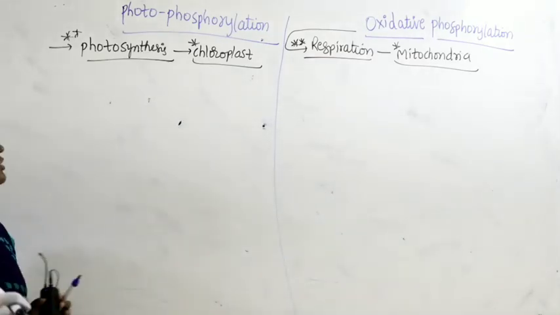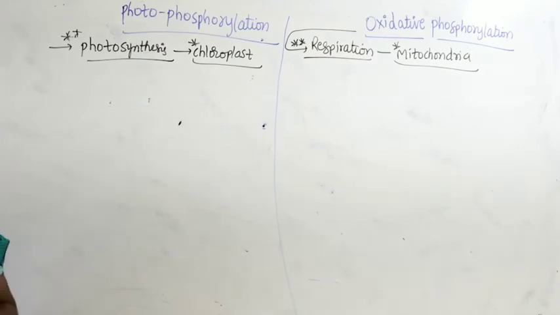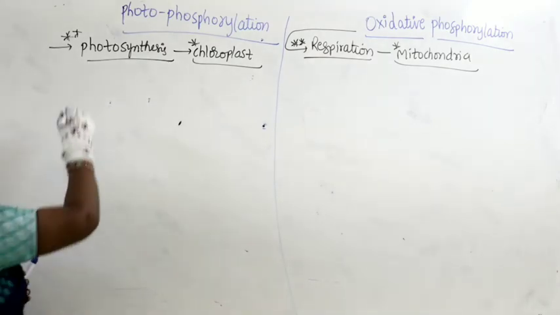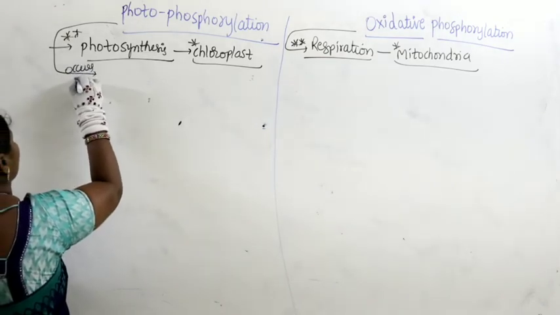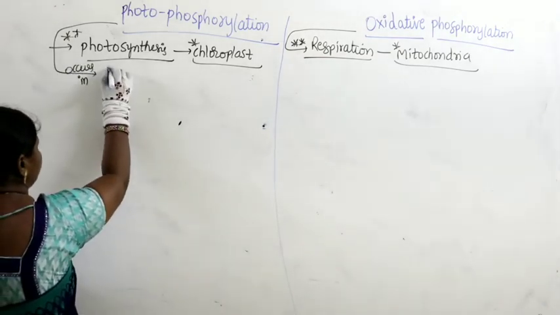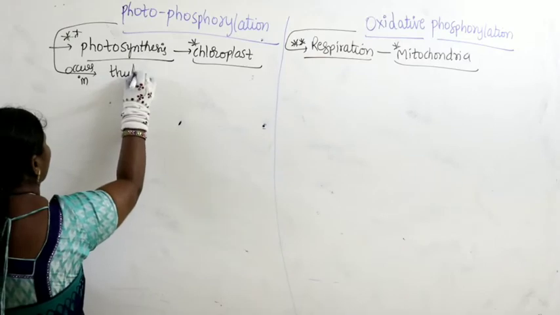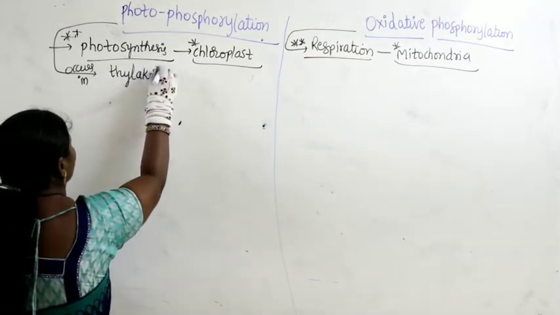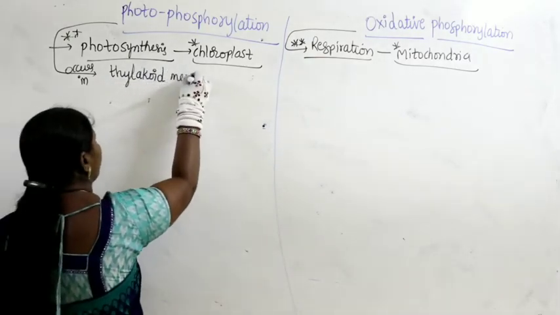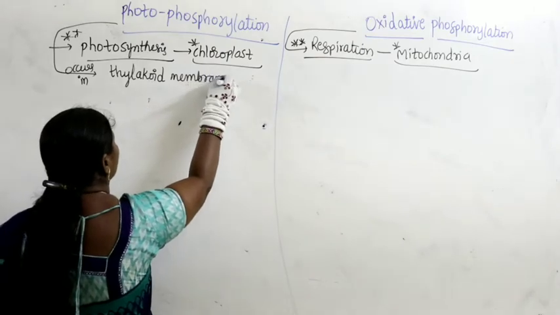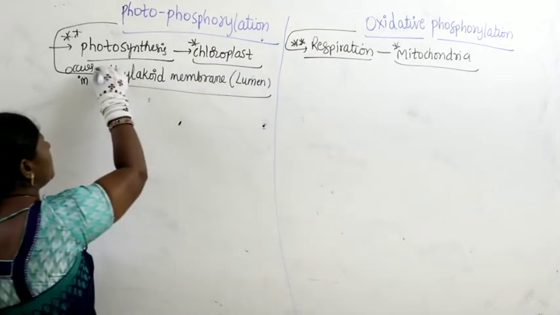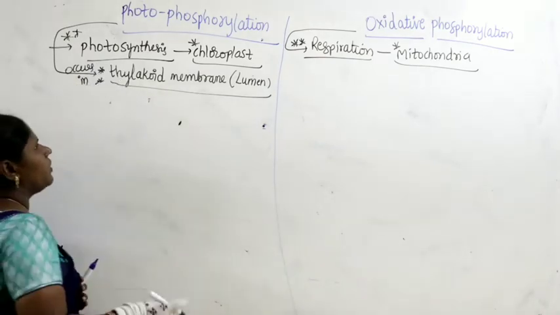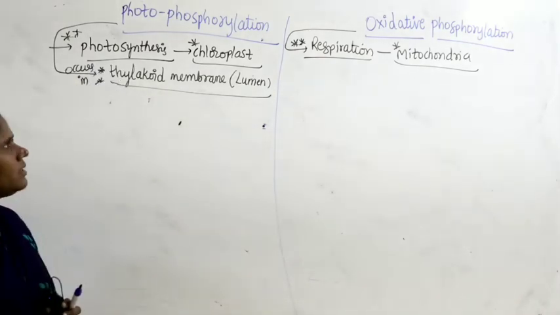Now where exactly in the chloroplast? It occurs in the thylakoid membrane, that is, in the lumen of the thylakoid. It occurs in the thylakoid membrane of the chloroplast.